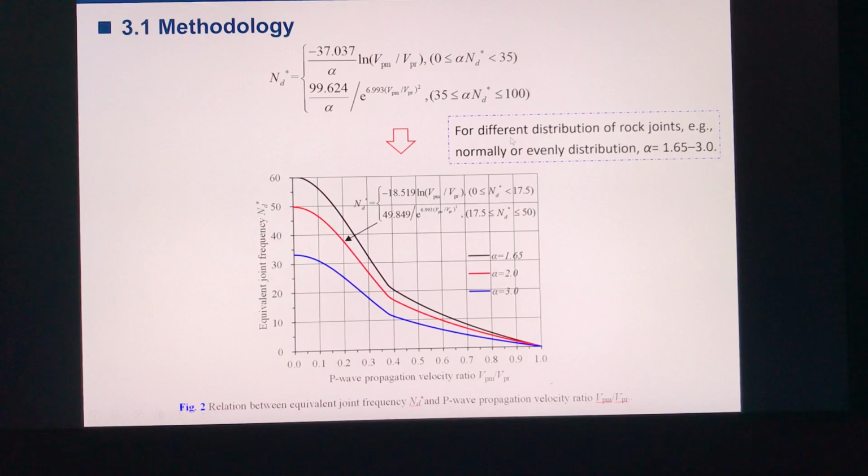For different distributions of rock joints, e.g., normally or evenly distributed, the multiplying factor alpha equals 1.665 to 3. For different values of alpha, we can draw the relationship between the P-wave propagation velocity ratio and the equivalent joint frequency ND here.